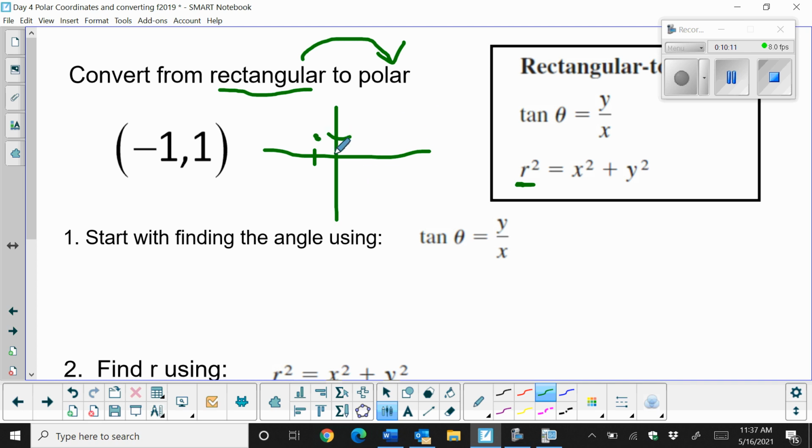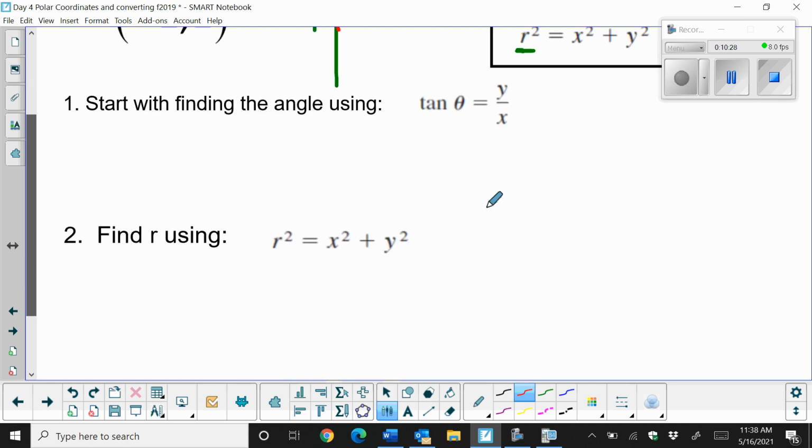So we need to know what's this radius. What is the length? Whoops, I didn't draw that very well. Let's erase that and try it again. Let's draw it a little neater. There we go. We need to know what that length is. So I'm going to start with r. So r squared is going to be equal to (-1) squared plus (1) squared.